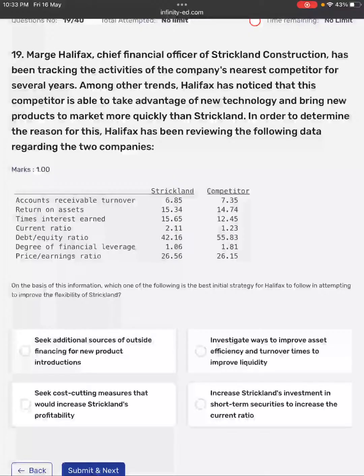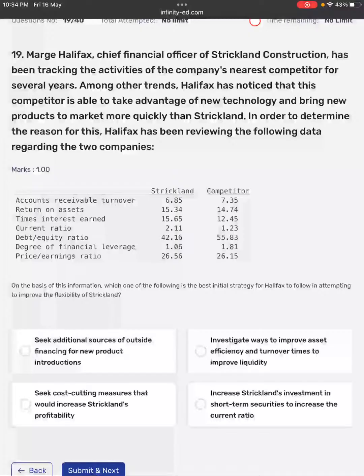Strickland is more conservative, right? With high liquidity, a high current ratio, lower financial leverage and lower receivable turnover. The competitor takes more financial risks, uses assets more aggressively, possibly reinvesting cash faster into product development.